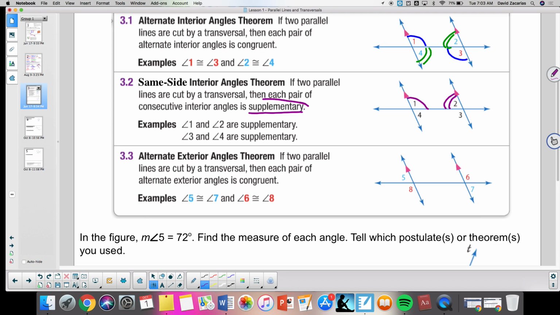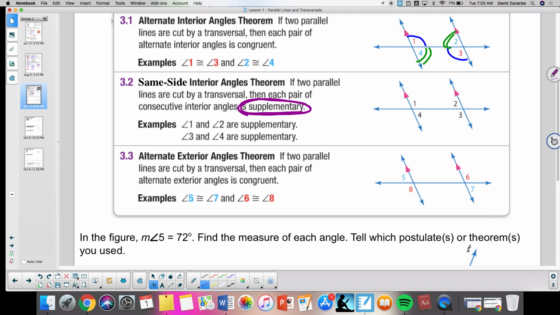So that's the key word with same side interior or same side exterior, is that they are supplementary to each other. And they can't be congruent to each other because, notice, one is obtuse, one is acute. The only time those can be congruent is if they were both right angles, because 90 plus 90 is 180. But that's the only time when you're talking about same side interior or same side exterior.